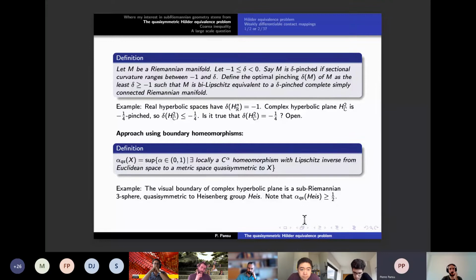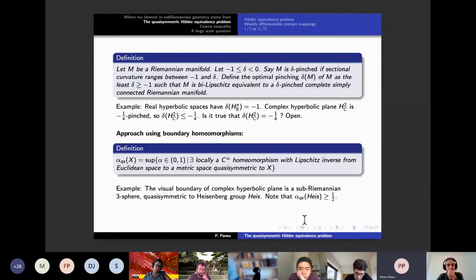So let me first introduce another definition, which is pretty much parallel to the previous one. We've seen previously that two bi-Lipschitz equivalent manifolds have boundaries related by a quasi-symmetric homeomorphism, and that pinching of a negatively curved manifold translates into a control on the Hölder regularity of a homeomorphism with the standard ball.